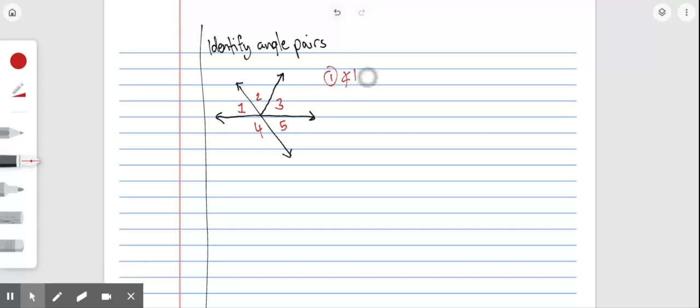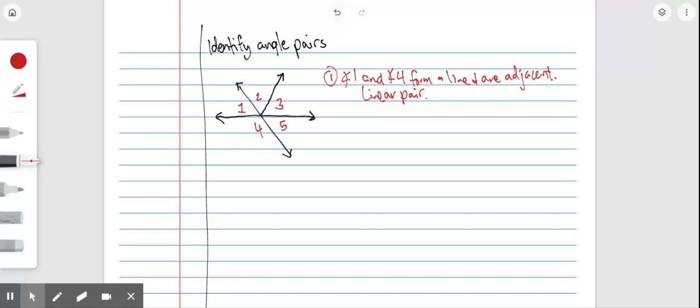angle 1 and angle 4 form a line, and they're adjacent. So if they form a line and they're adjacent, they're a linear pair. Okay. Pair means two, so I'm not going to add a third thing to a linear pair.